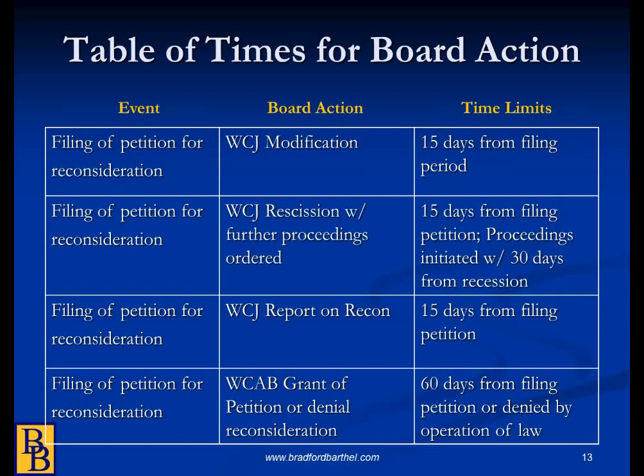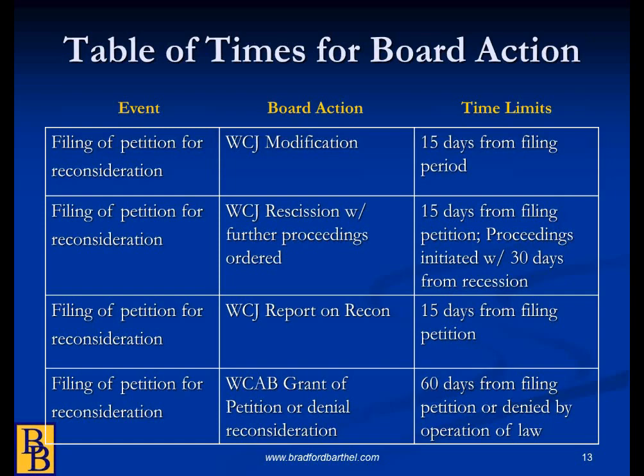It's of no effect, and so it's as if the case had not yet been submitted. And usually you see that happen when there are mistakes in the decision. If you're appealing under that fifth and final ground for reconsideration, the judge will usually rescind and set the matter for a status conference and have the parties address the issue, give their viewpoints, and then usually resubmit at that point.